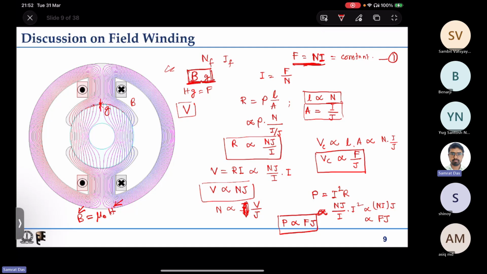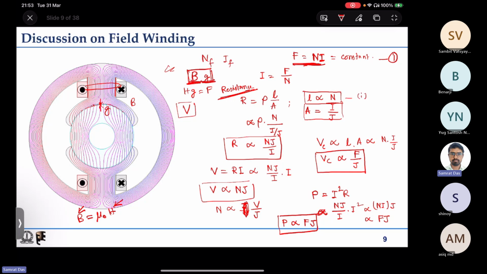Now let us try to discuss resistance. Resistance of the winding is nothing but R equal to rho L by A, where L is the length of the winding. That depends on the number of turns. Once this dimension is fixed, the length per turn is fixed. That is why the length is simply proportional to the number of turns that we have.